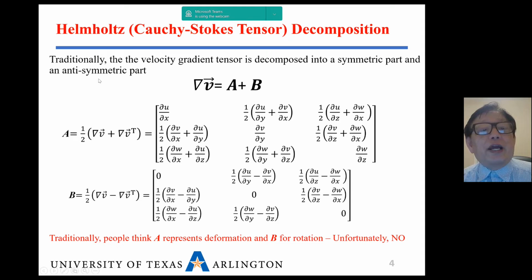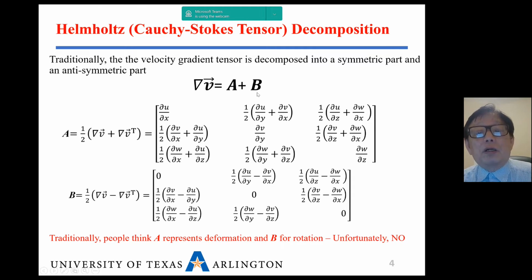First, we take a look at the traditional Helmholtz or Cauchy-Stokes tensor decomposition. The velocity gradient tensor can be decomposed into A and B. A we call the strain part, which is symmetric.